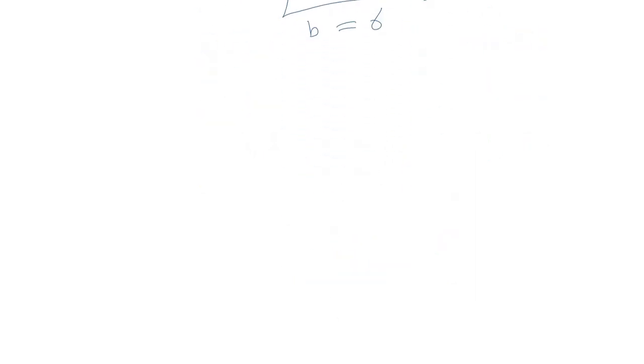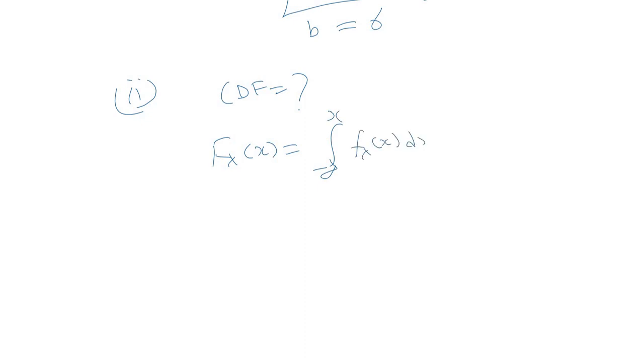Second part is to find out the CDF. The CDF, as we know, is nothing but the integral of the PDF, and we are already given the PDF. Since the PDF has a modulus operator, we'll divide this range into the negative and the positive part.